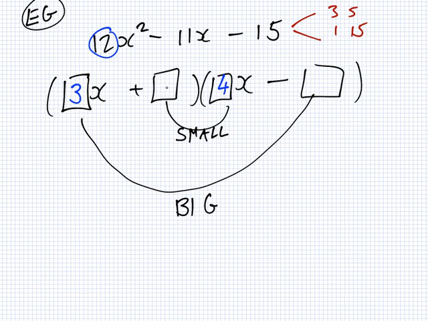If I put 15 here straight away, too big. 15 here again, too big. So it can't be this one. If I put a 5 here, I get, no, maybe, no, change the sign. Minus 5, okay.